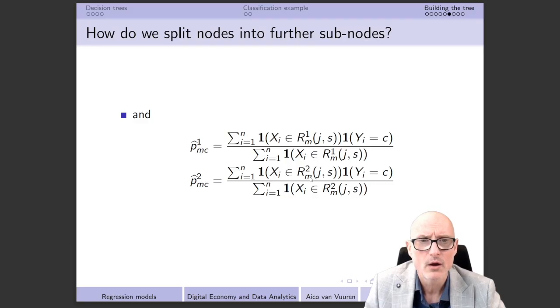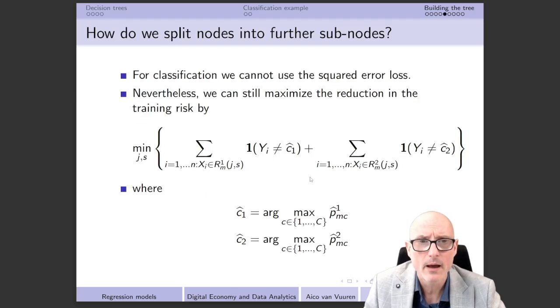So that's the whole idea behind this. Then the only thing that we still need to do is to minimize with respect to j and s as we have it over here.